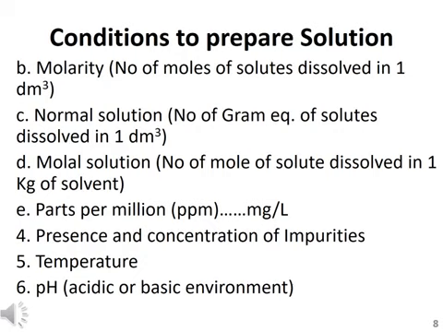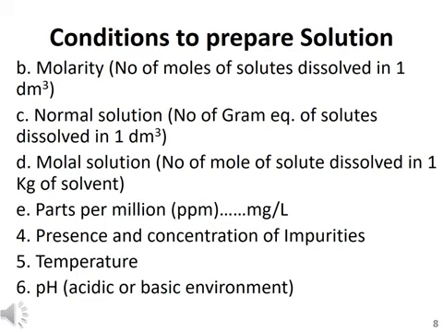So molality tells us about the number of moles of solute dissolved in exactly 1 kilogram of the solvent. And to express this molal solution, we will require two kinds of information. Number one, the number of moles of the solute, and number two, the mass of the solvent in kg.